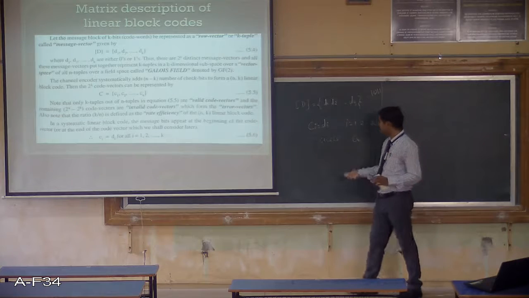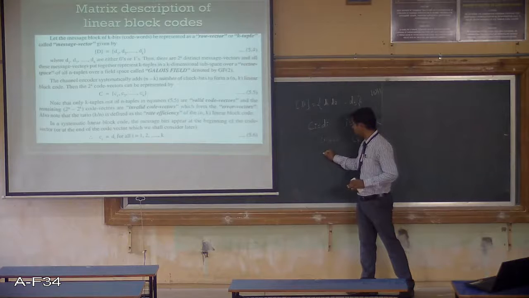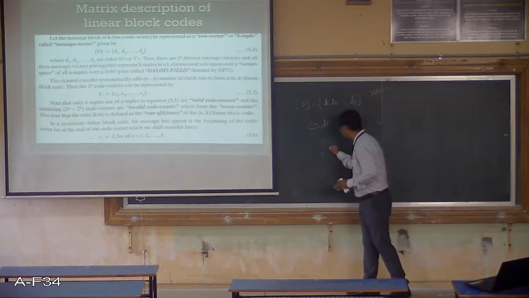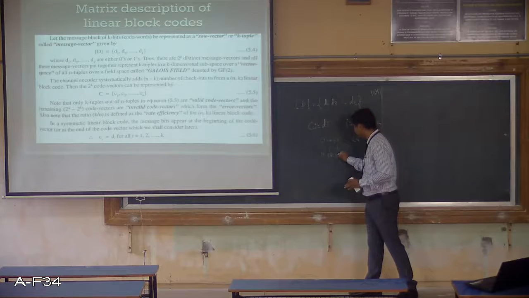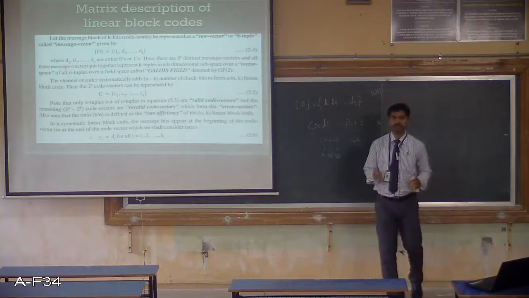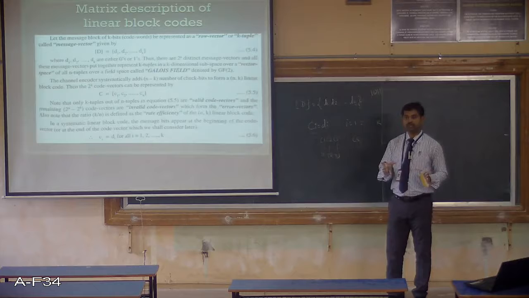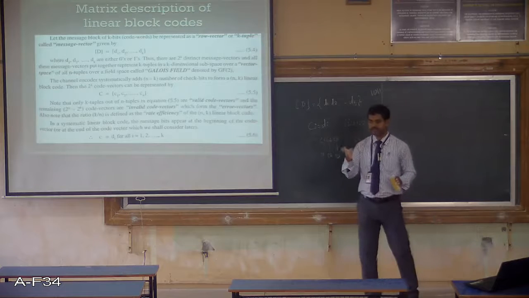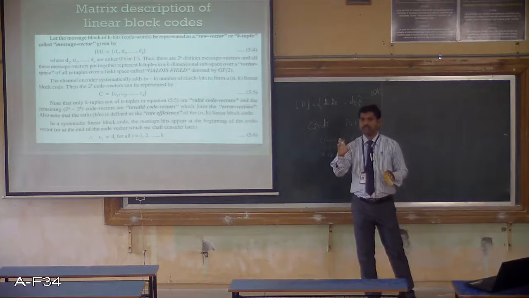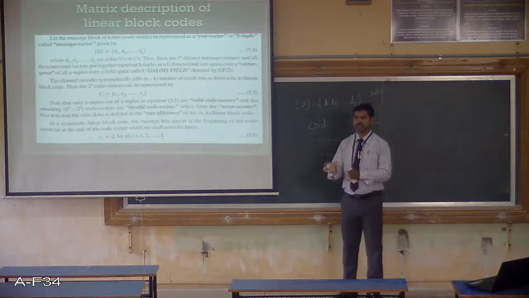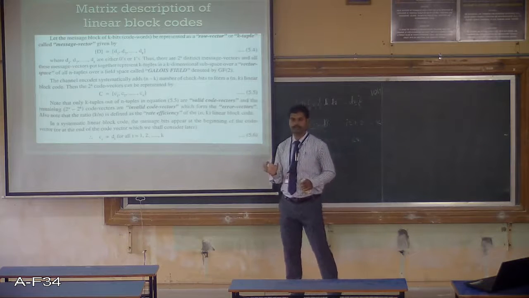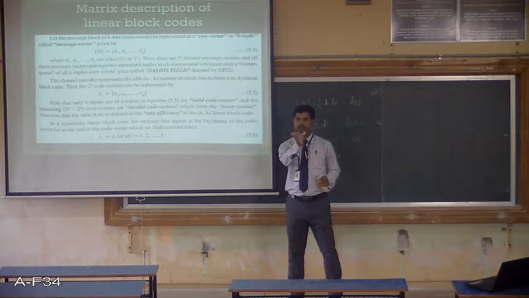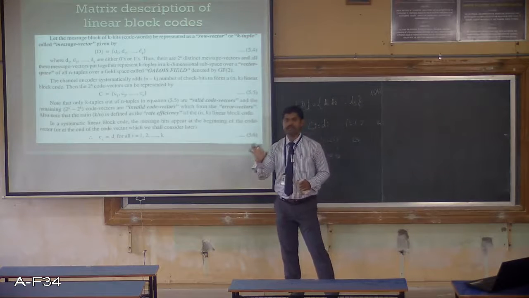It means C1 is equal to D1, C2 is equal to D2, C3 is equal to D3, like that, up to K. Suppose the length of the message is 4 bits, then C1 is equal to D1, C2 is equal to D2, C3 is equal to D3, C4 is D4. All K bits must appear in the coding sequence, or in the code word.